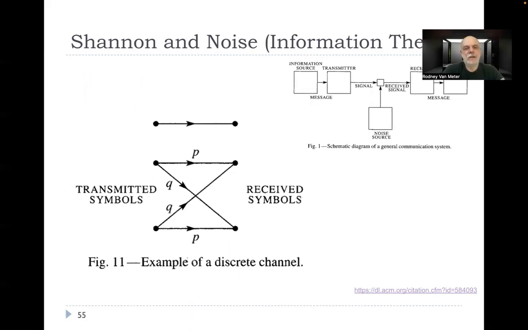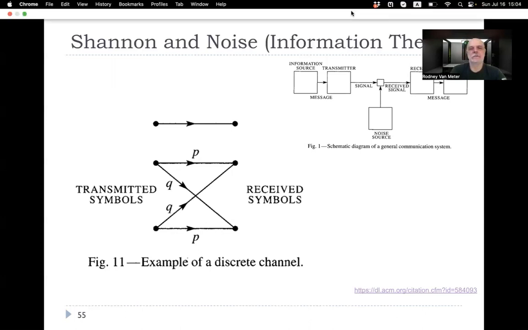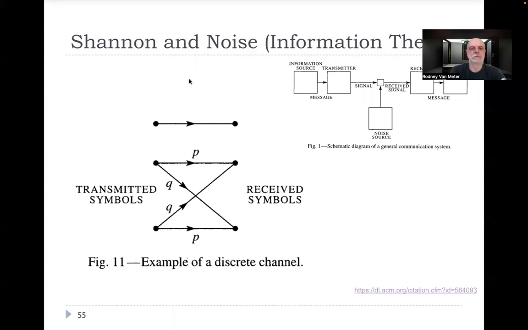If we start with a system where you have two potential messages, or symbols in this case, Shannon drew this diagram for the first time, and it's a transition diagram. We start here, then with some probability P, the same message that was transmitted will be received.